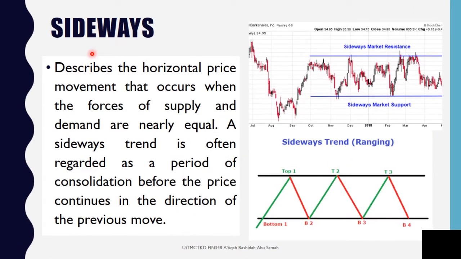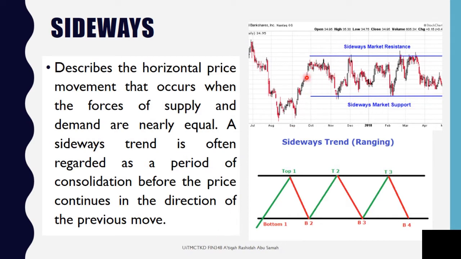Sideways describes the horizontal price movement that occurs when the forces of supply and demand are nearly equal. A sideways trend is often regarded as a period of consolidation before the price continues in the direction of the previous move.